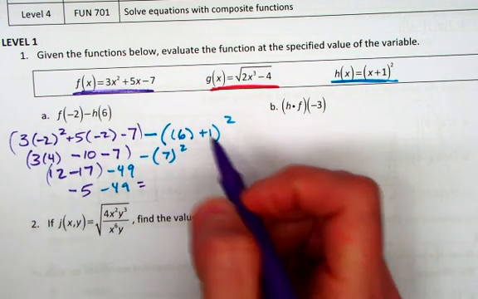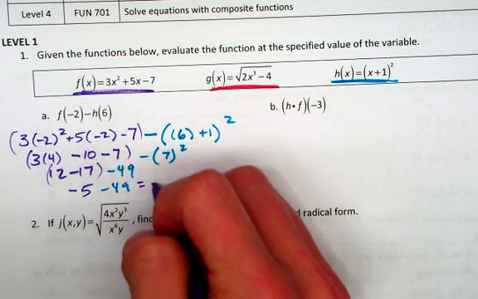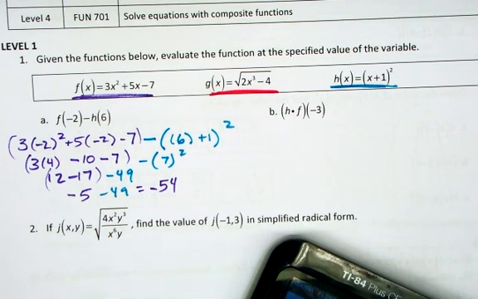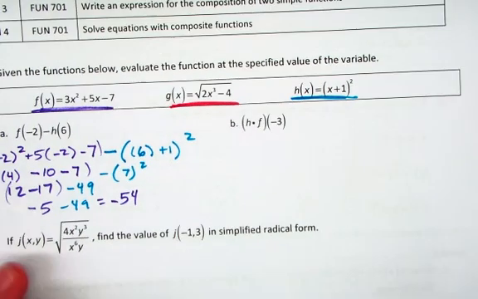And so I get that that's going to be negative 54. So let me just do one calc verification. 3 times negative 2 quantity squared plus 5 times negative 2 minus 7 minus 6 plus 1 squared, negative 54. Perfect.